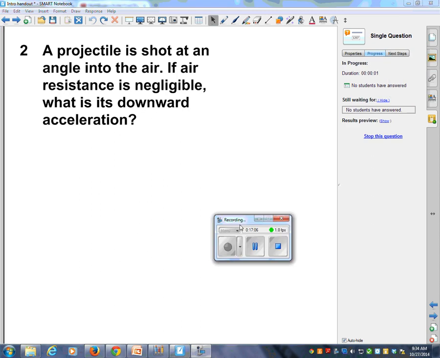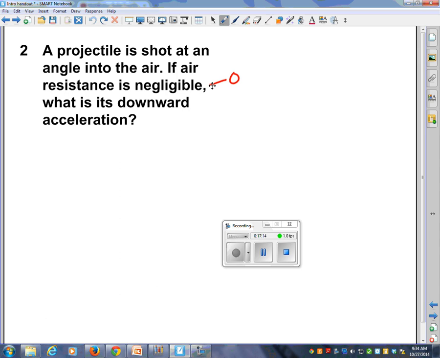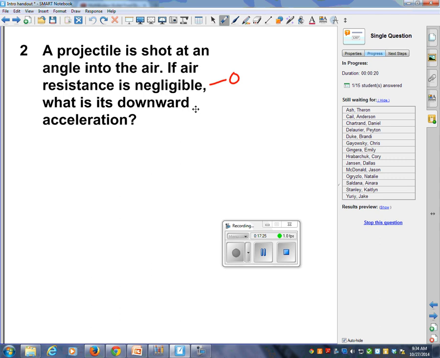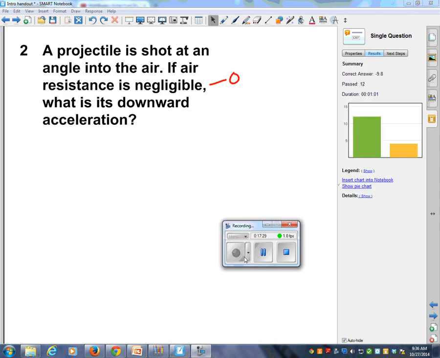A projectile is shot at an angle into the air. If air resistance is negligible, in other words, 0, what is its downward acceleration? And I think you have to actually type in a number. Minus 9.8. Downward acceleration.